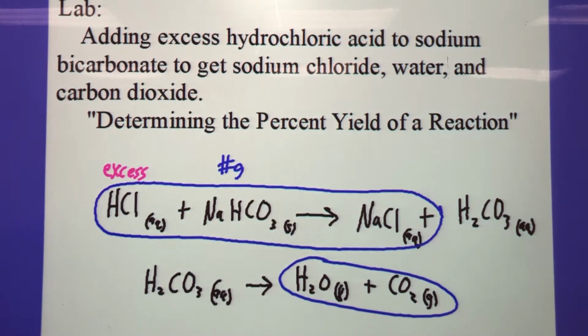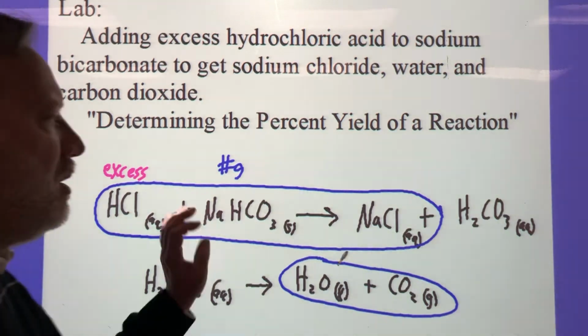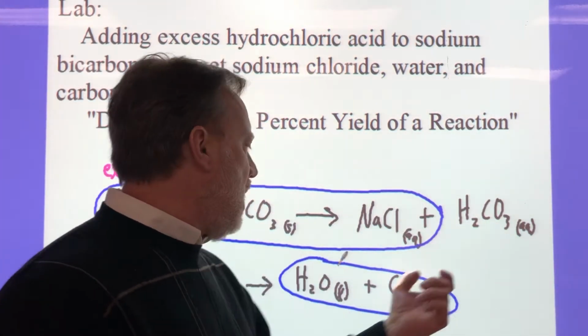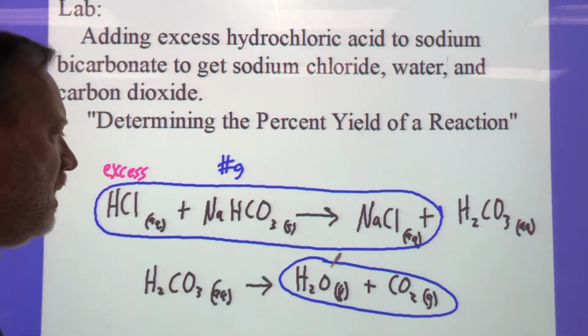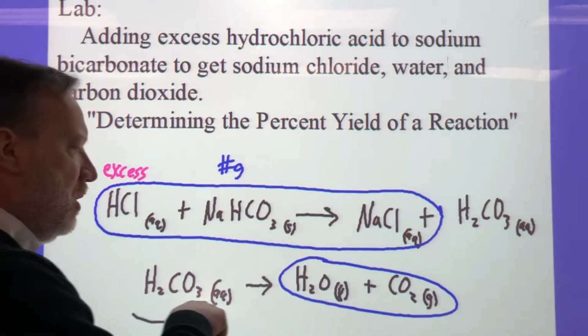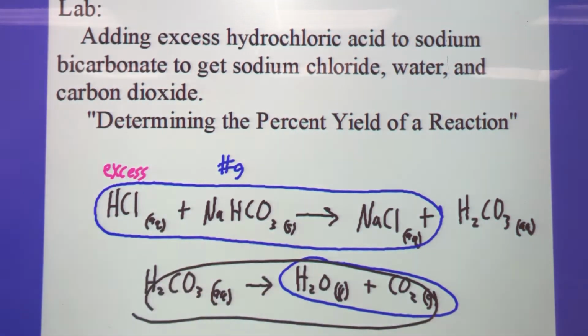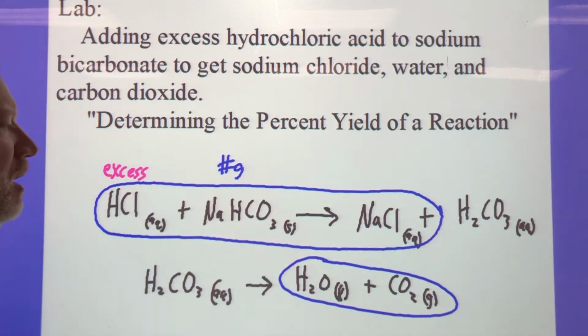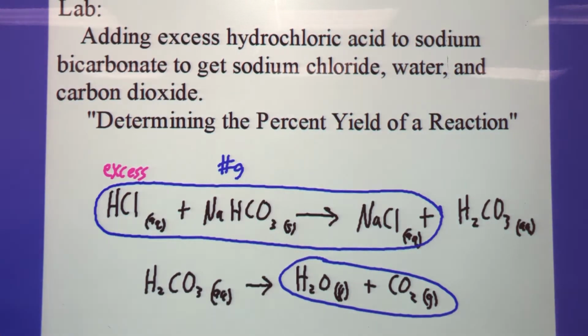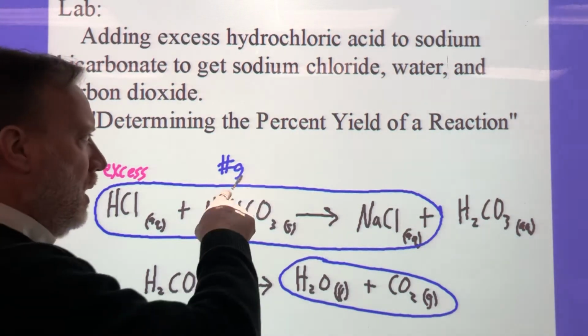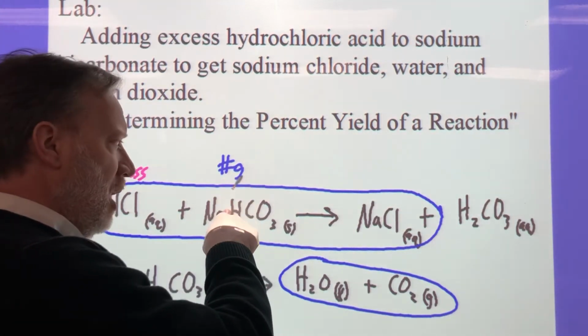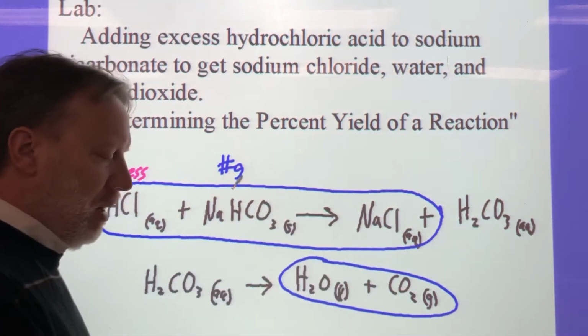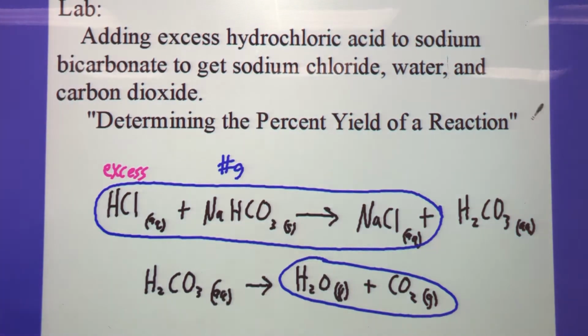So this would be reviewing what we've done before, a double replacement reaction. However, it doesn't look like one because at the very same time this is going on, the carbonic acid, H2CO3, is undergoing decomposition to make H2O and CO2. So they happen together. It's a double replacement reaction followed by a decomposition reaction simultaneously. And we have to know the number of grams of this. So what we're going to do is know the number of grams of sodium bicarbonate, predict the number of grams of sodium chloride we should get.